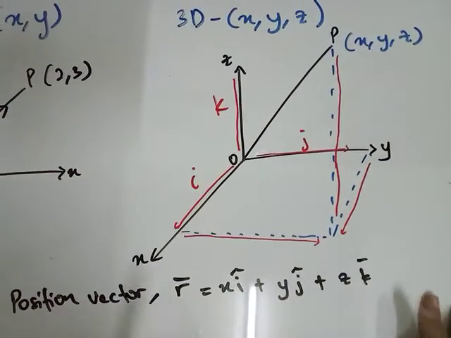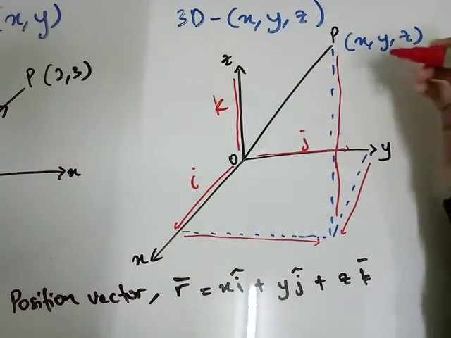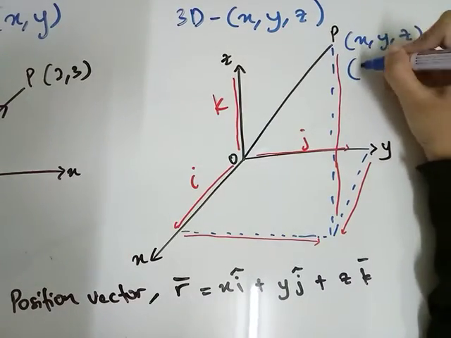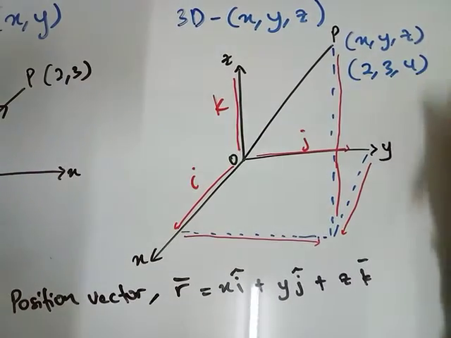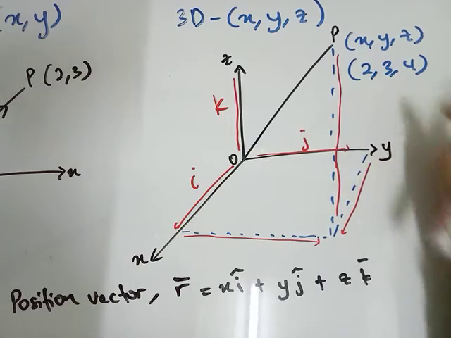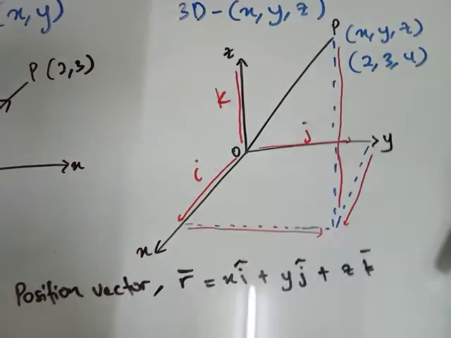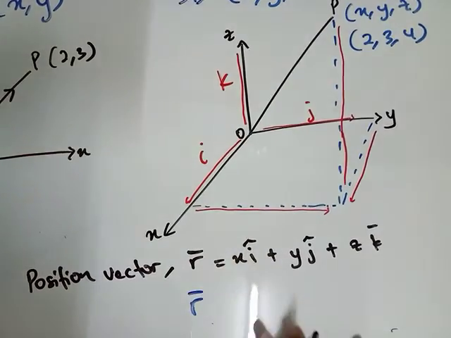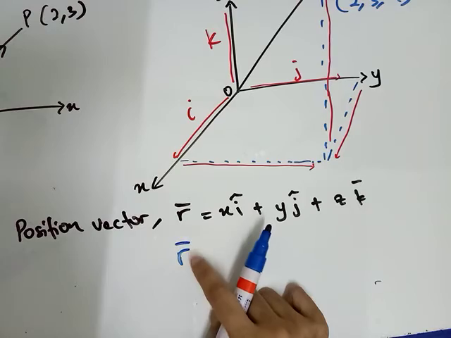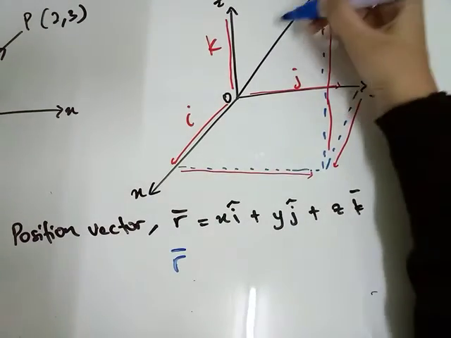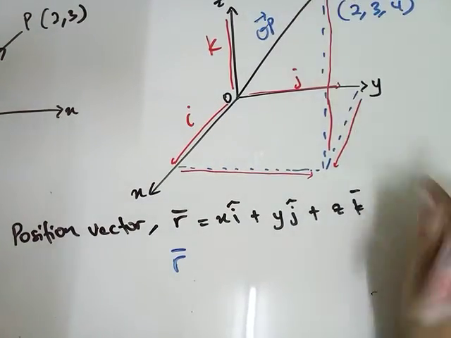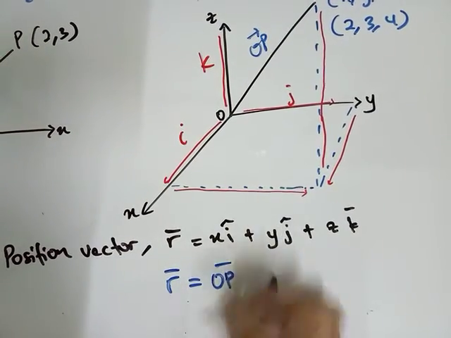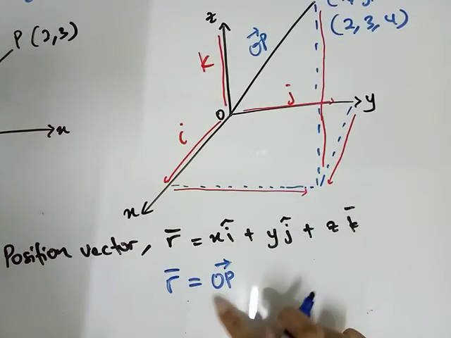So let's say we have a point P here, let's say I put 2, 3, 4. Point P for x, y and z. So the position vector for point P, vector r, or if you don't want to call it vector r, you can also call it vector OP. Vector r is equal to vector OP.